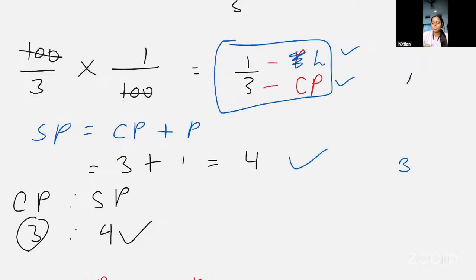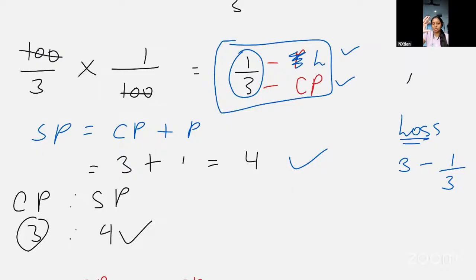Then this whole 1 by 3 is subtracted from CP for loss, because 1 by 3 is loss out of the whole 3.